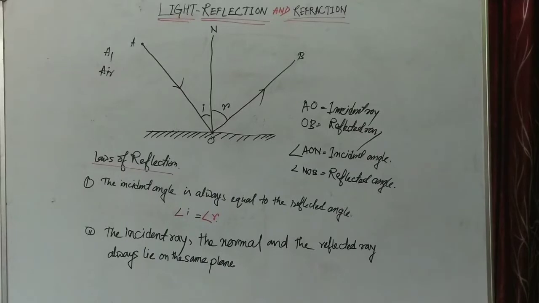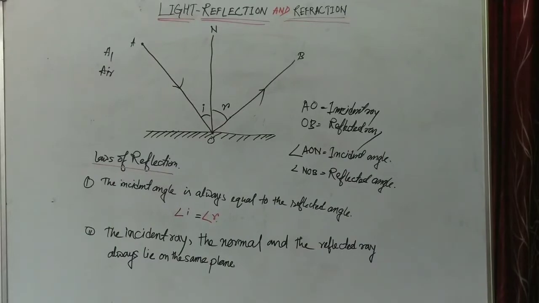The first law is that the incident angle is always equal to the reflected angle. That means we have to draw one line that gives us the incident angle and the reflected angle. That line is the normal, normal to the polished surface. That means ON makes a 90-degree angle on both sides with the polished surface.